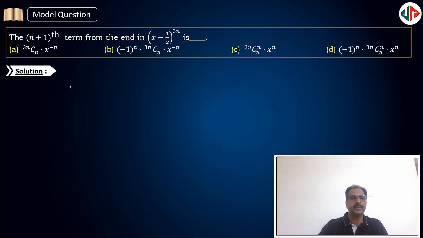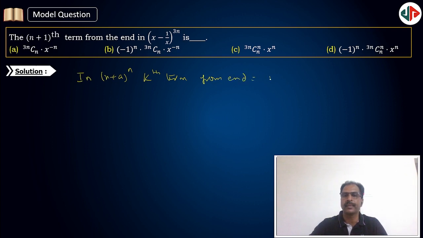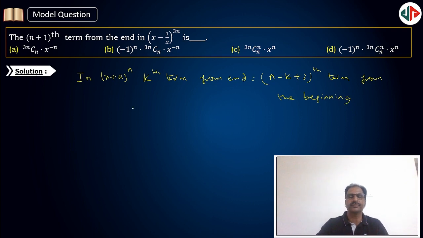Next question, the (n+1)th term from the end in the given expansion. For that you remember this shortcut. In (x + a)^n, the kth term from the end is the (n - k + 2)th term from the beginning.